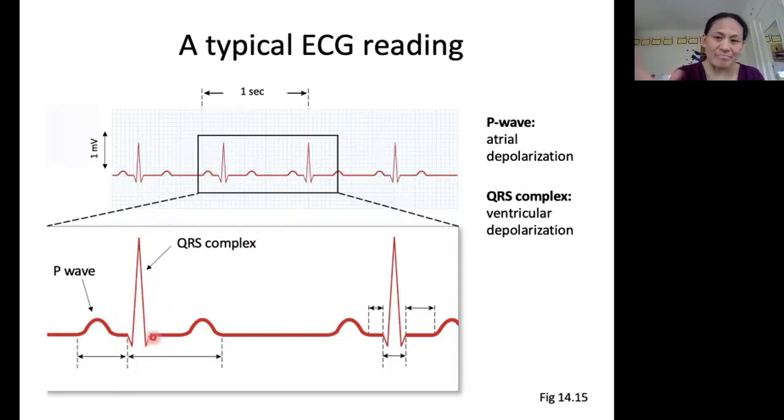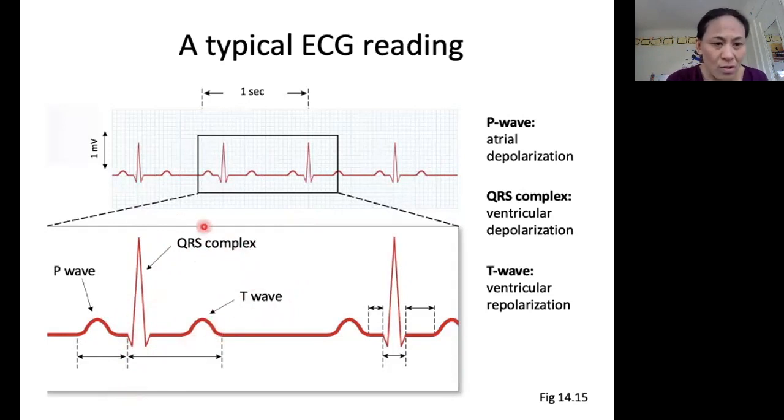So we just group them together and call them the QRS complex, and they represent ventricular depolarization. And then finally, we have the T wave here, which represents ventricular repolarization. All of this represents one heartbeat in the heart.